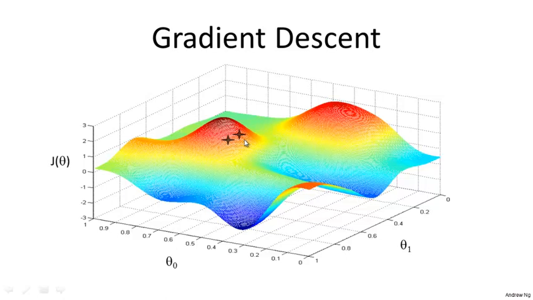If you start gradient descent from that new point, look around, find the direction of steepest descent, take a step downhill, and from there take another step downhill, notice how you can end up at a completely different local optimum over here to the right instead. So gradient descent is an algorithm that is susceptible to local optima: the local optimum you converge to may depend on where you start.